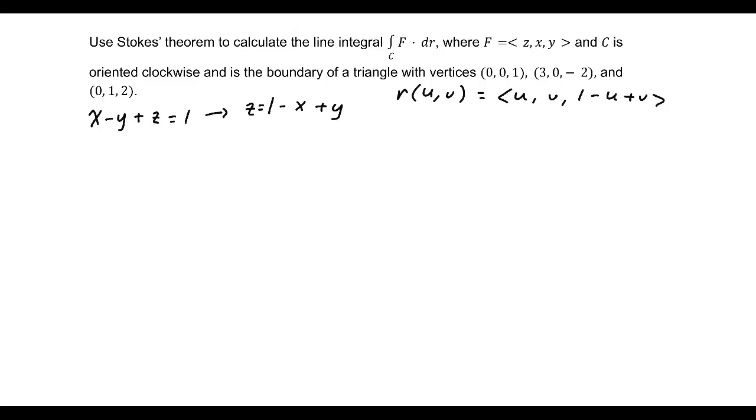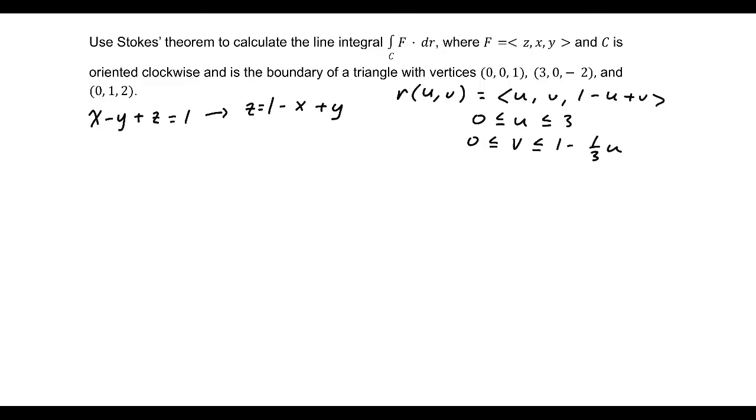That's just given. So we have 0 is less than or equal to u is less than or equal to 3. But the y values will be determined by the line that's formed there. So the other restriction will be 0 is less than or equal to v is less than or equal to 1 minus 1/3 times u. 1 minus 1/3 x is the equation of the other side of that triangle.